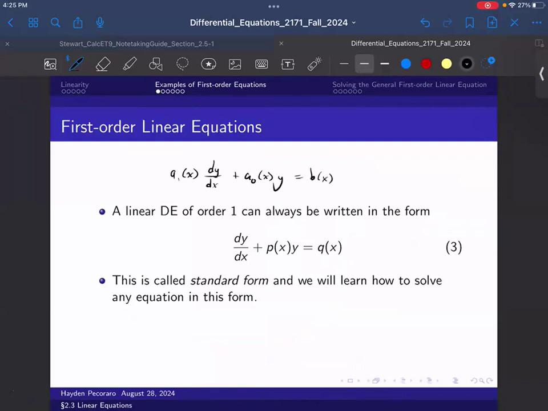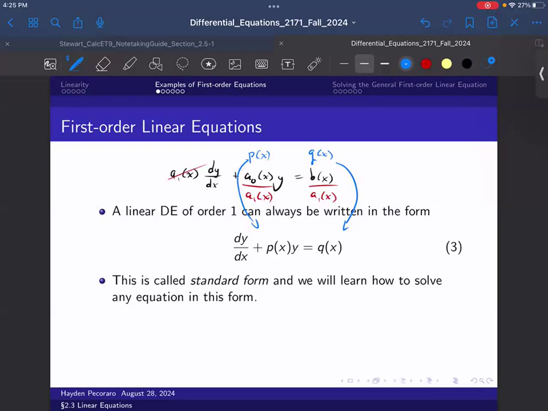What I've done is I've just divided through by that leading coefficient, a1 of x. And now p of x is a0 over a1, and q of x is b over a1. And those end up down here.